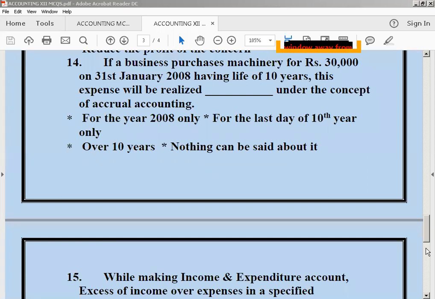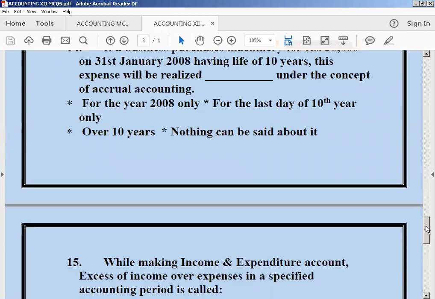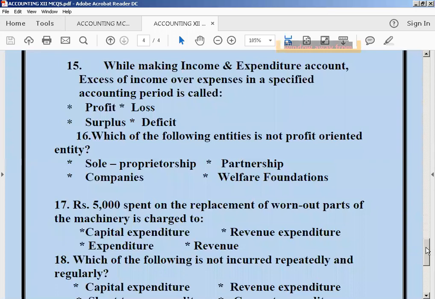I proceed further. Now I proceed further towards MCQ number 15. On your screen you have MCQs 15, 16, and 17.